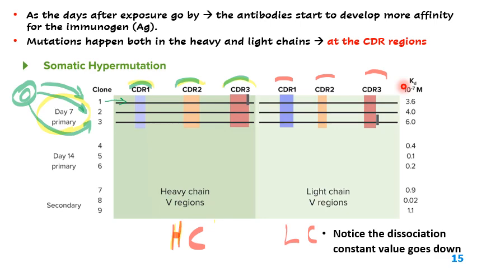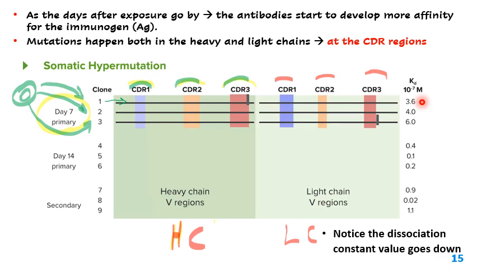Now you're going to see what happens to the binding affinity of that IgM antibody on the surface of the cell. What happened to the binding affinity to the antigen? So you're going to say, oh, look at this guy here. This is the coefficient of dissociation. Remember chemistry? So if you have a very low coefficient of dissociation, what happened to the thing that is associated?